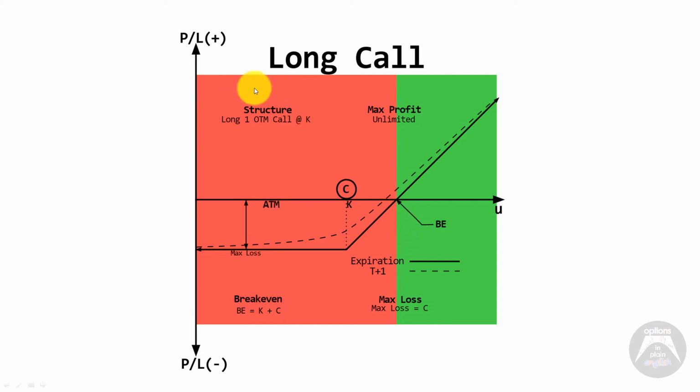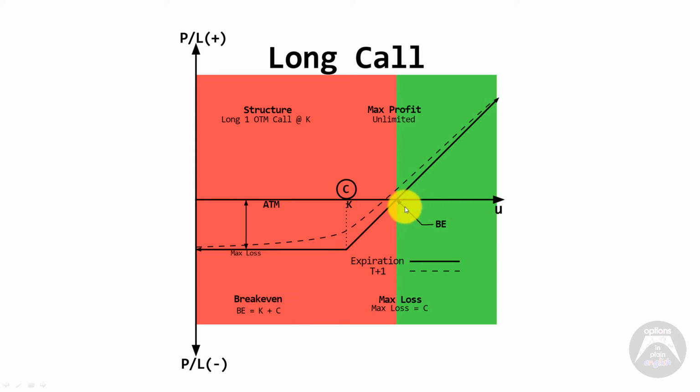The red area, something I didn't mention before, is the area where you're going to have losses. So the red area means that you lost money, and the green area means that you made money. It changes right at the break-even point. The break-even point is defined as the strike price plus the amount paid in premium when the call was bought.